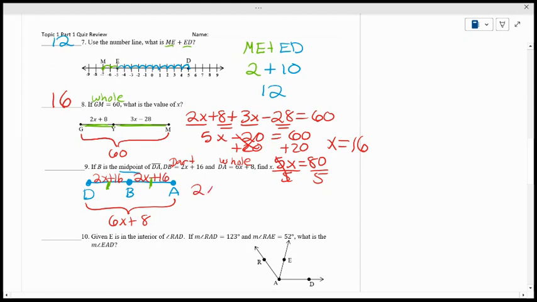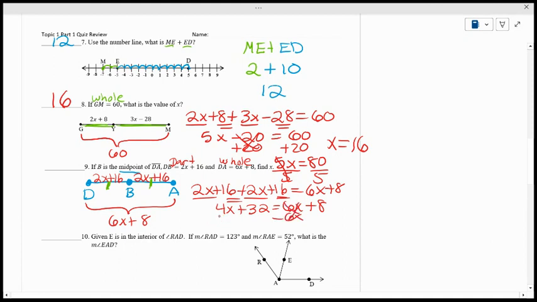We add the two parts. So 2x plus 16 plus 2x plus 16. And you get the whole, which is 6x plus 8. Solve that. 4x plus 32 equals 6x plus 8. I always move the one on the right.